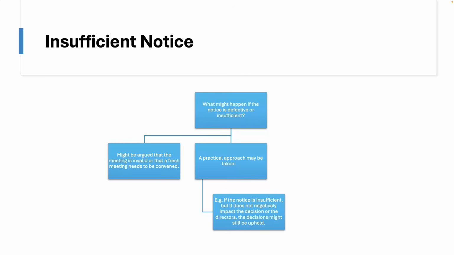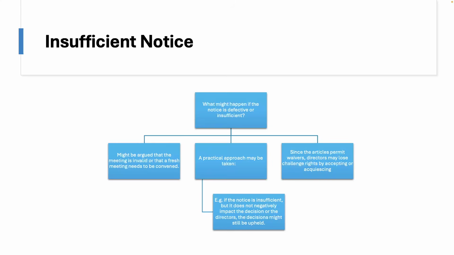Well, in that kind of circumstance, this sort of strict rigidity is loosened, to the point at which maybe the decisions could still be upheld, the decisions could still be valid, even if notice is insufficient, just because insufficient notice does not necessarily mean that it has negatively impacted the decision at the meeting or the decisions on the part of the directors.